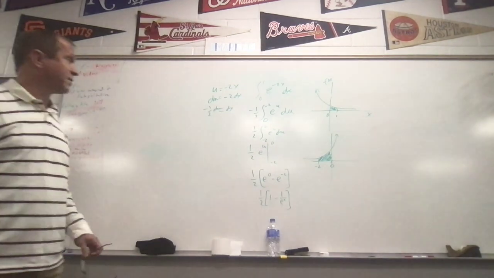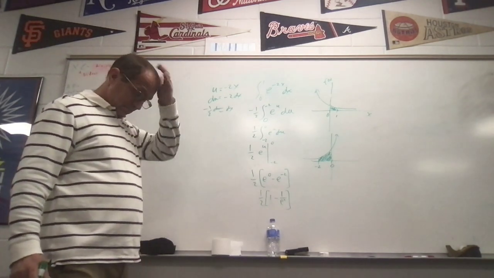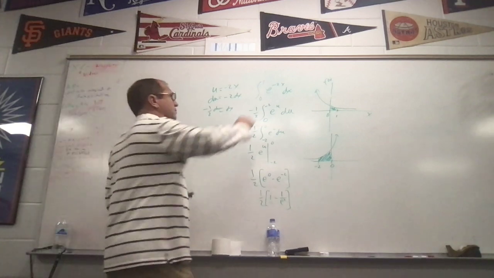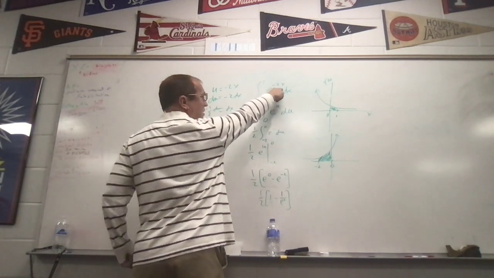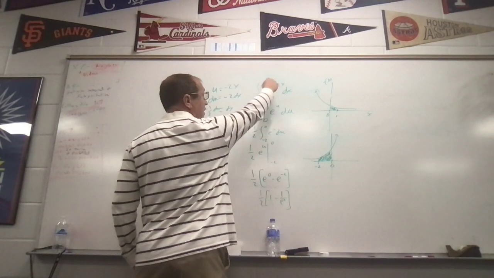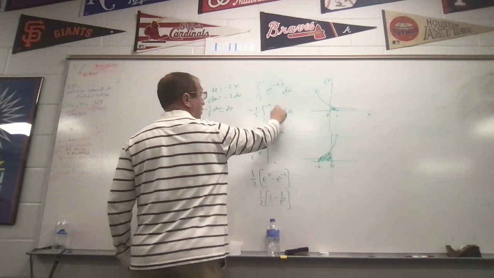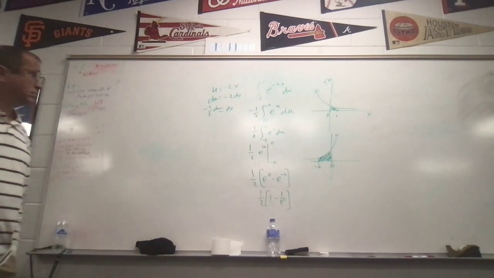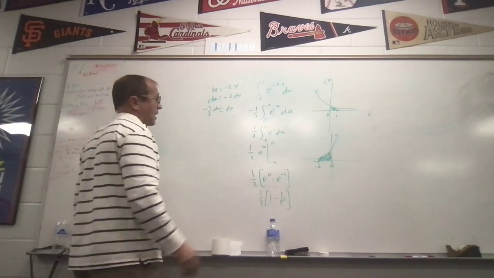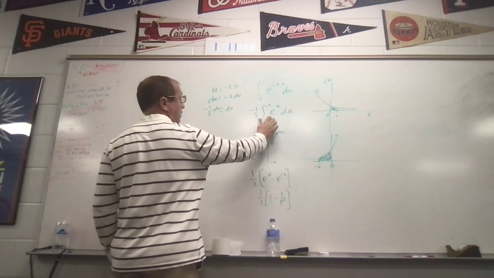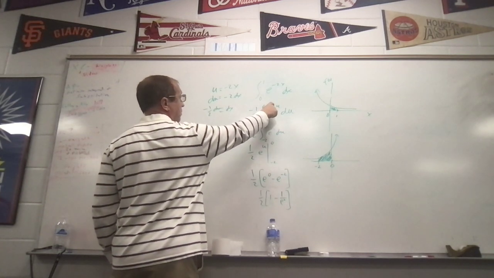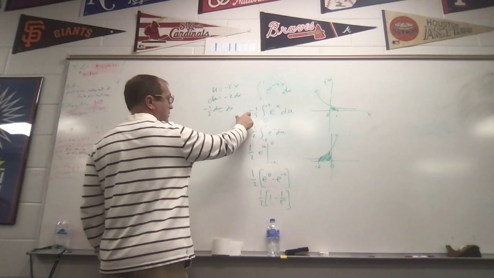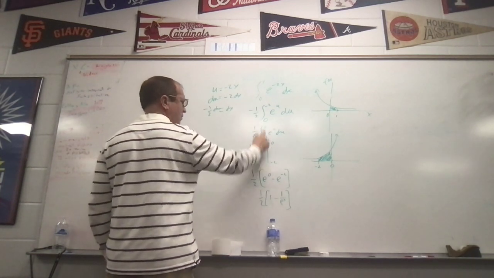So again, just to sum this up. I start off in terms of x. I don't like what I have in terms of x, so I want it in terms of u. So I do a u substitution. In this case, because I had my lower limit of integration greater than my upper limit of integration, I took the negative of it, which is nice because this was negative to begin with.